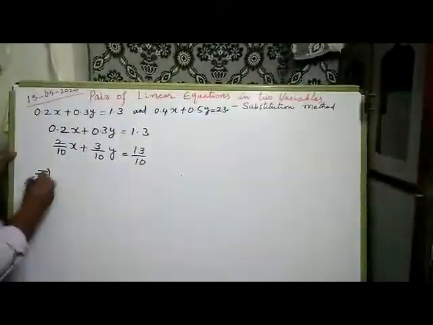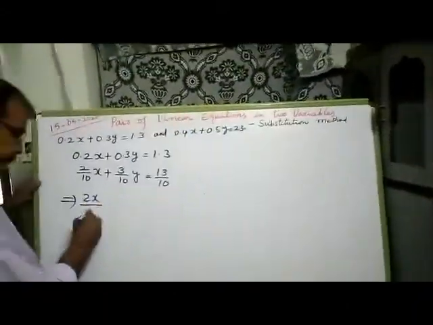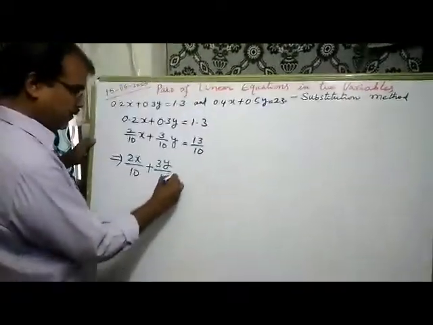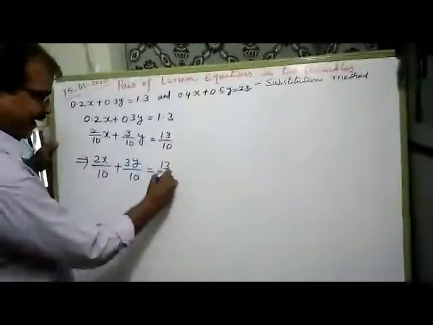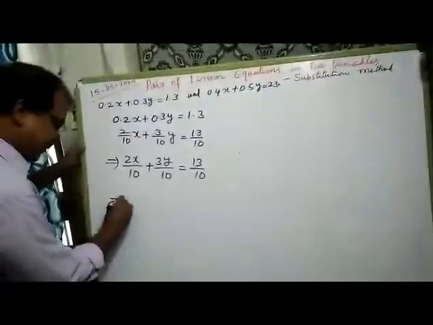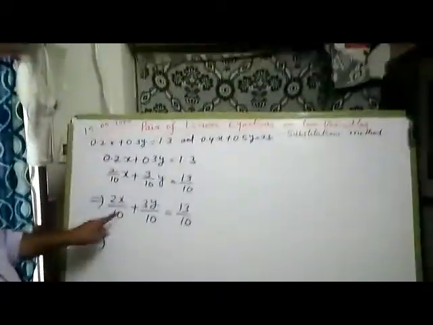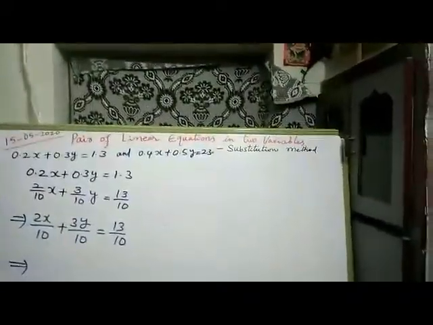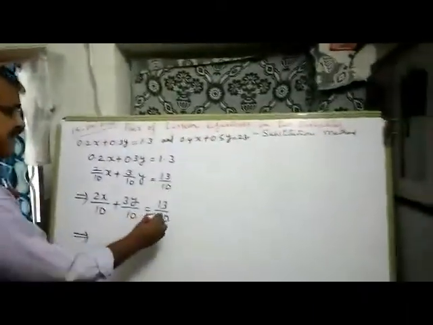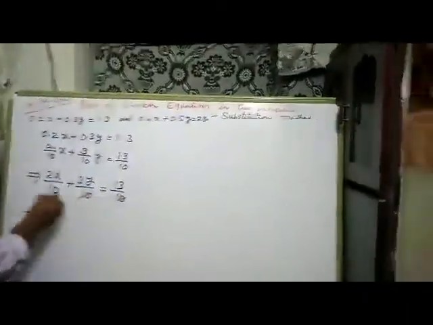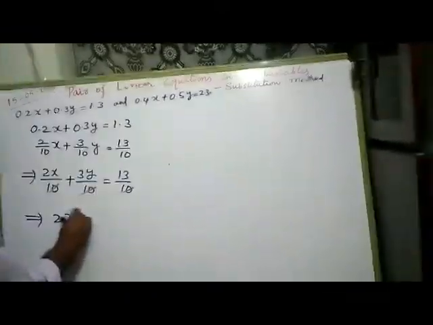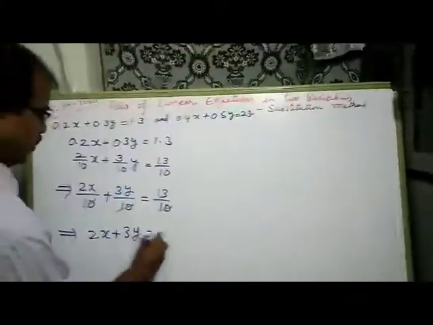That is nothing but 2x by 10 plus 3y by 10 is equal to 13 by 10. You can simplify and cancel the 10, and we can write 2x plus 3y is equal to 13.